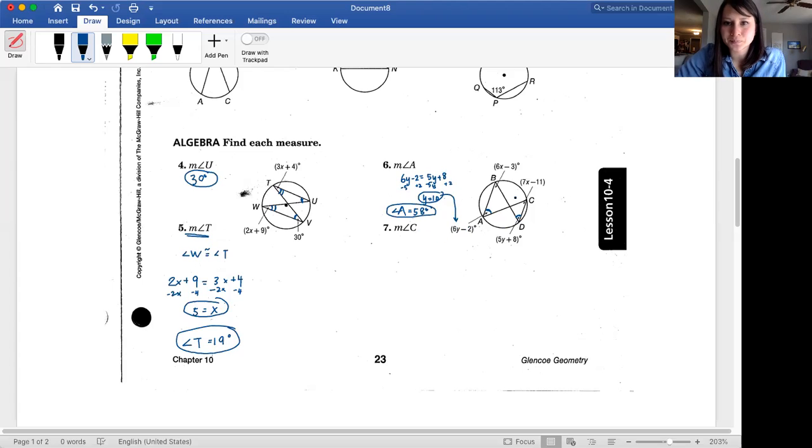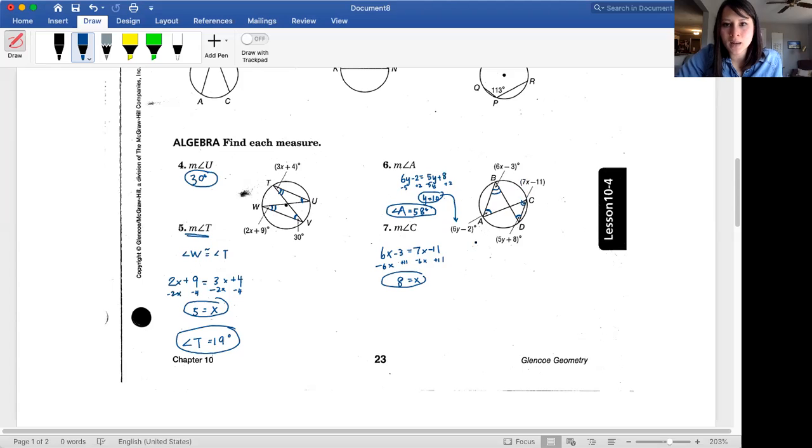Now angle C. So I know C and B are congruent. So I'm going to set those up as equal. 6x minus 3 equals 7x minus 11. Work it out. Plus 11 on both sides, and 8 equals x. Okay, so plug that in. So what are we looking at?